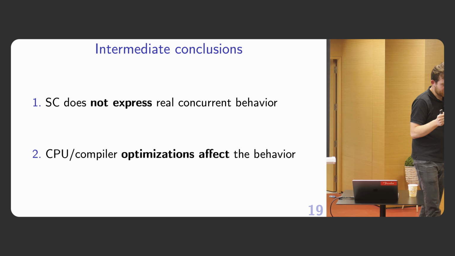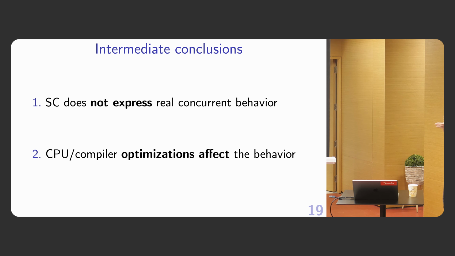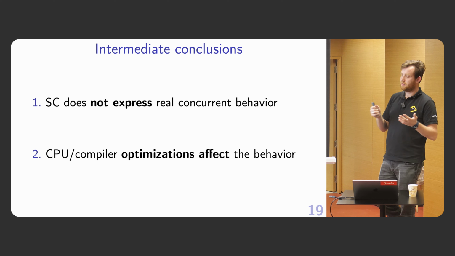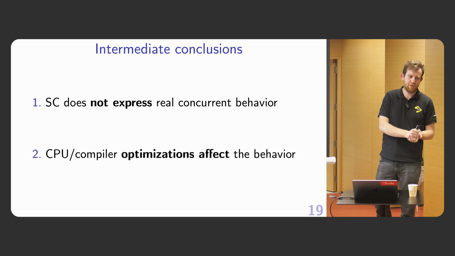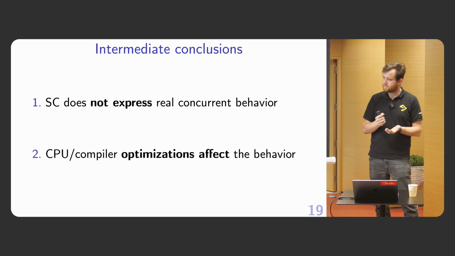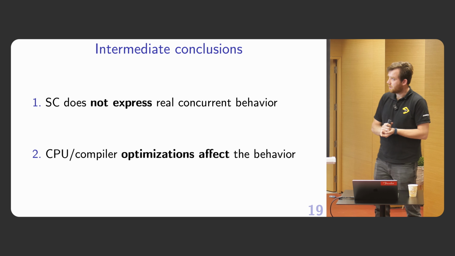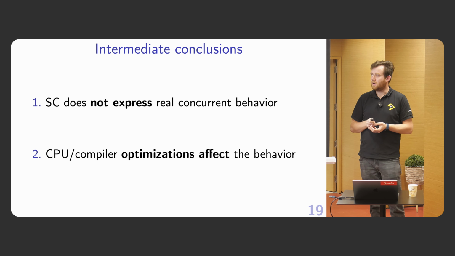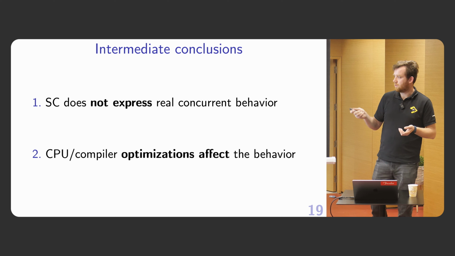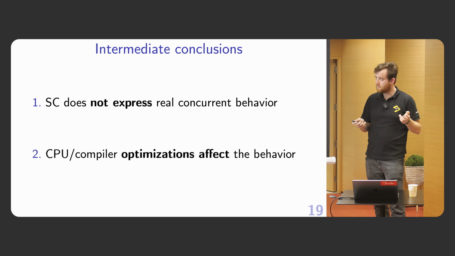So as you can see, sequential consistency introduced by Leslie Lamport does not express real concurrent behaviors, which you can see on real CPUs nowadays with real compilers. Both CPUs and compilers are the ones to blame for these strange behaviors.